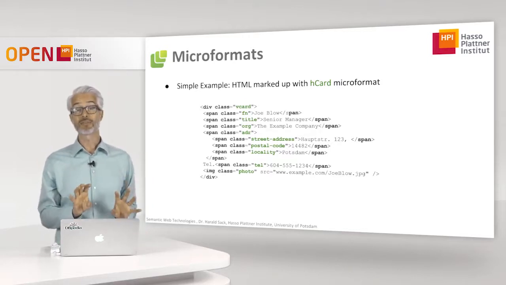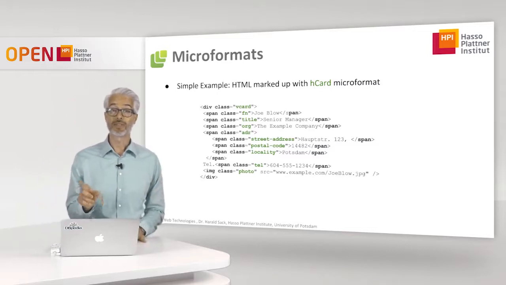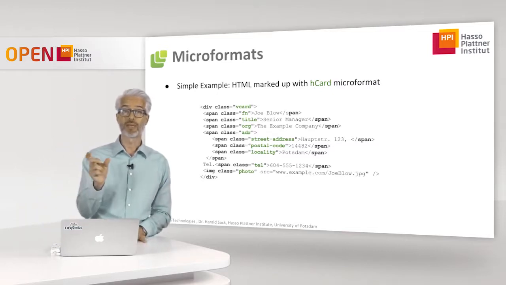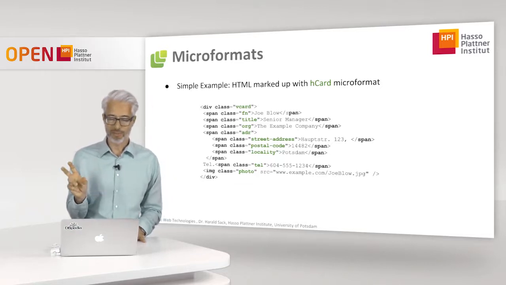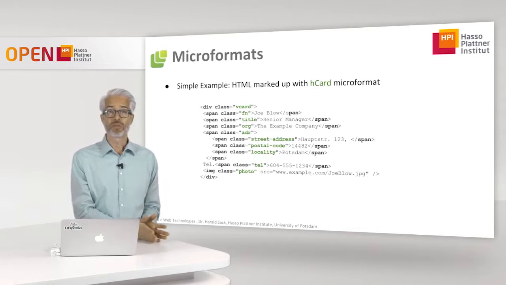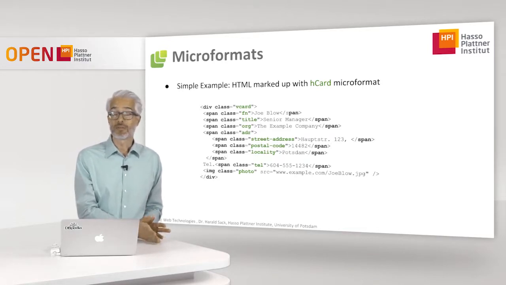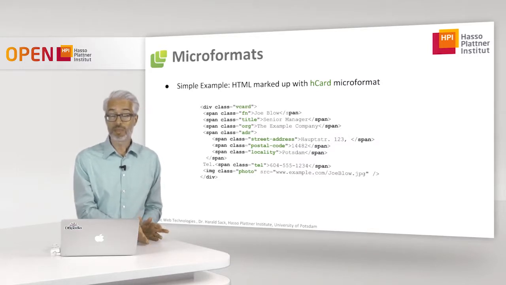The nice thing here is, of course, the content is displayed on the web, so the name, the title, and the organization that you see here are displayed, but within the attribute of the span tag, there is a binding to a so-called microformat variable. So this can easily be extracted.